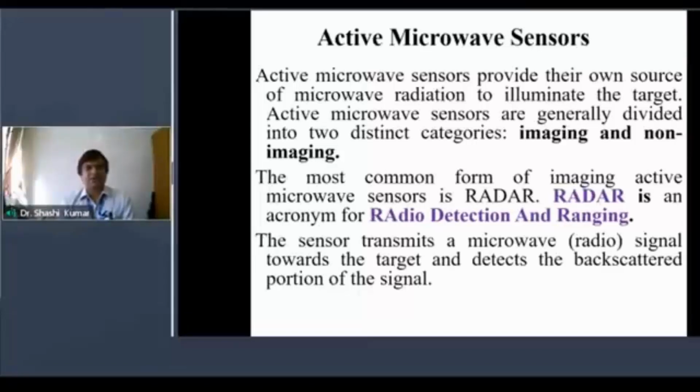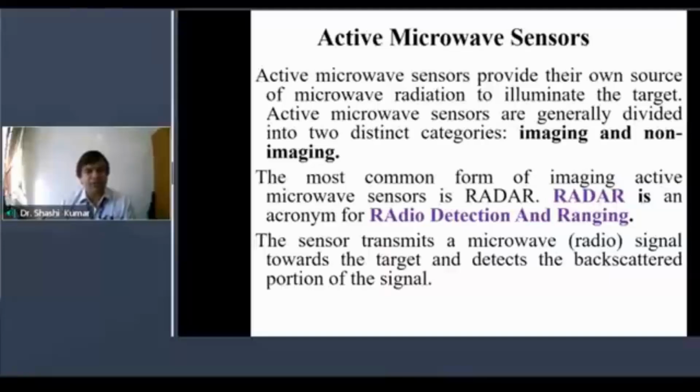Active microwave sensors can generate their own electromagnetic wave, and that electromagnetic wave will be incident on the Earth object, and scattering will take place, and the amount which is returned towards the sensor will be used to do the imaging. The active microwave sensors are again categorized in two categories: imaging and non-imaging.